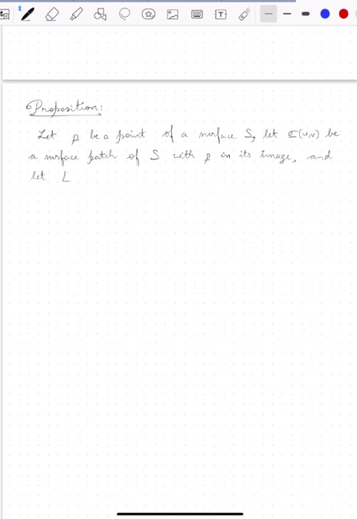The proposition states: let P vector be a point of a surface S, and let sigma vector UV be a surface patch of S with P vector in its image, and let L du squared plus 2m du dv plus n dv squared be the second fundamental form of sigma.